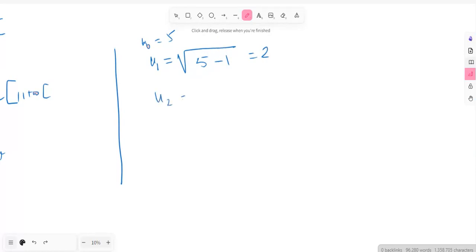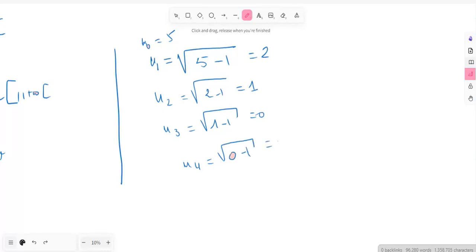Then u2 is the square root of 2 minus 1, so equals 1. We have u3 equals the square root of 1 minus 1 equals 0, and then u4 is the square root of 0 minus 1, which equals the square root of minus 1, which is impossible.